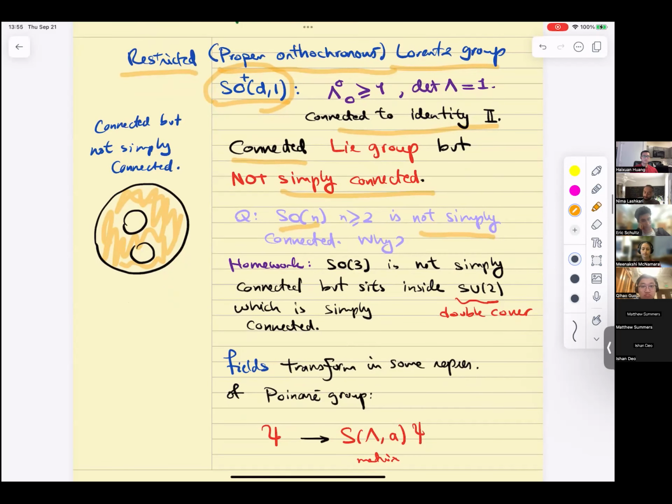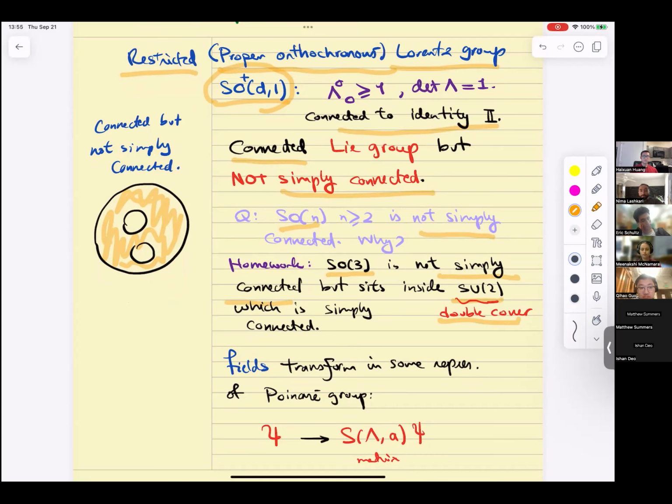You're going to work out in your homework why SO3 is not simply connected and how you could make it sit inside the larger group called SU2, which you already recognize, which is nothing but a double cover of this. SU2 will be simply connected. So I'll give you a picture of what's going on.